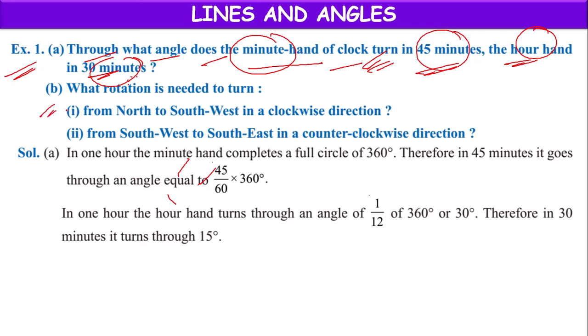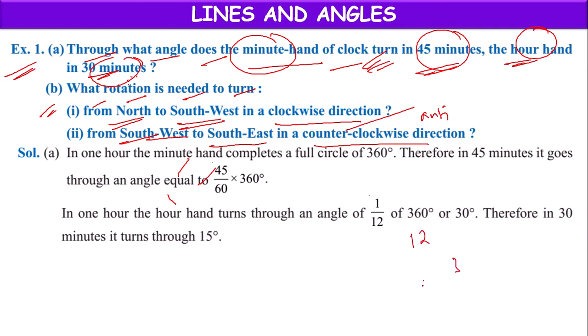And in question (b), what rotation is needed to turn from north to southwest in the clockwise direction, and from southwest to southeast in the counterclockwise direction? Counterclockwise means anti-clockwise.